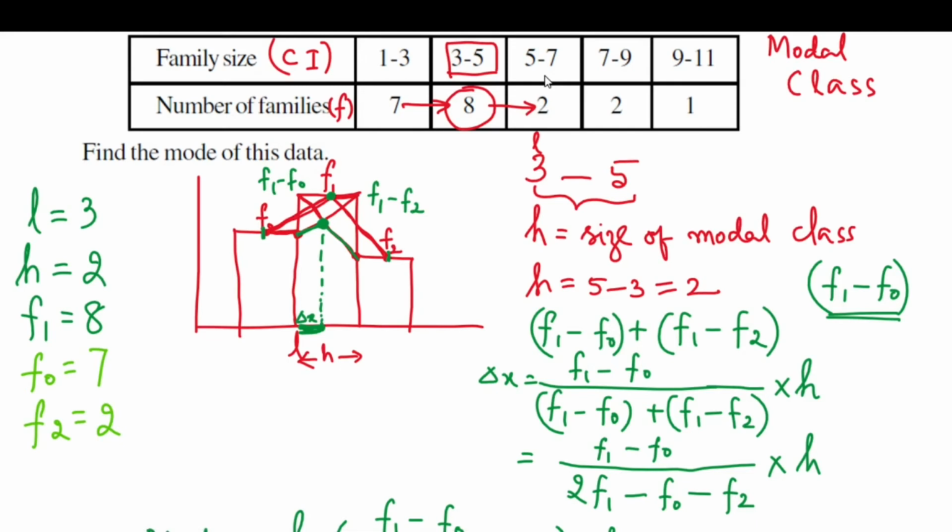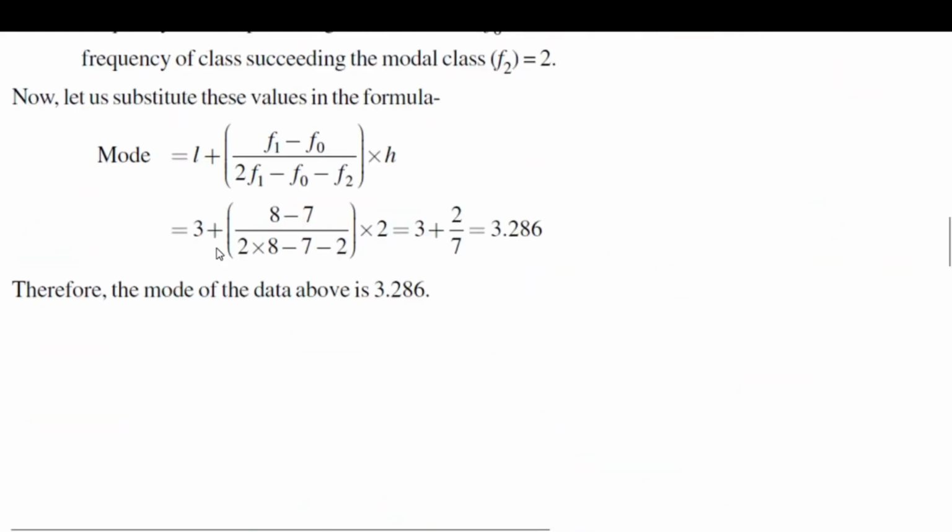Let us substitute these values in the formula and find the value of mode. Mode is equal to 3 plus (8 minus 7) by (2 into 8 minus 7 minus 2) into 2.